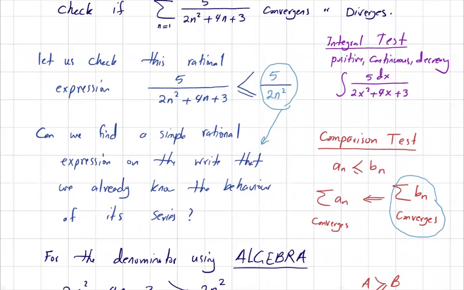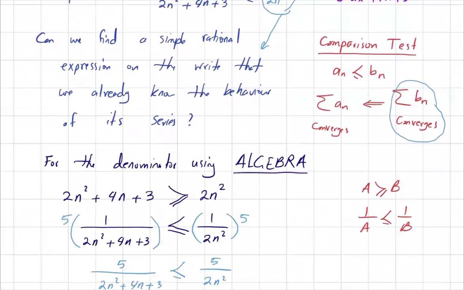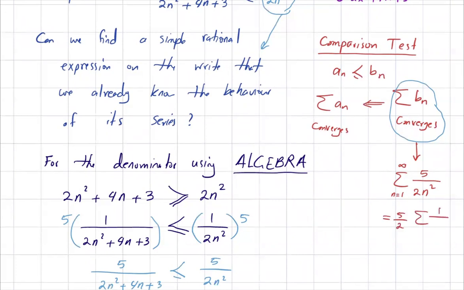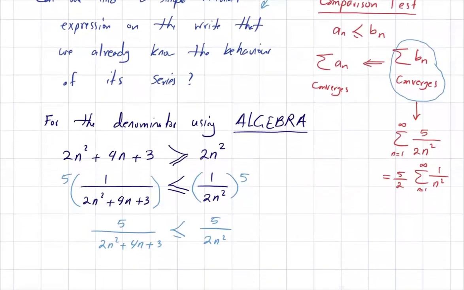Well, it's super easy for me to see the behavior of the series. This is just a P series, and n is more than 1. So take a look. Let me just erase this algebra. Use the same color. The summation of 5 divided by 2n squared, n starts from 1, goes to infinity, can be written as 5 divided by 2 times the summation of 1 divided by n squared, n starts from 1, goes to infinity, which is a P series.